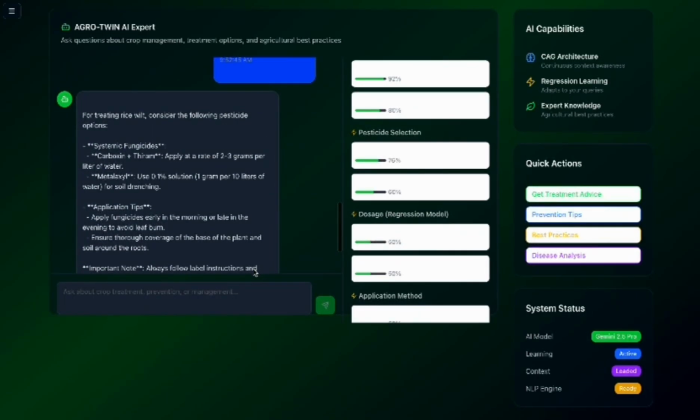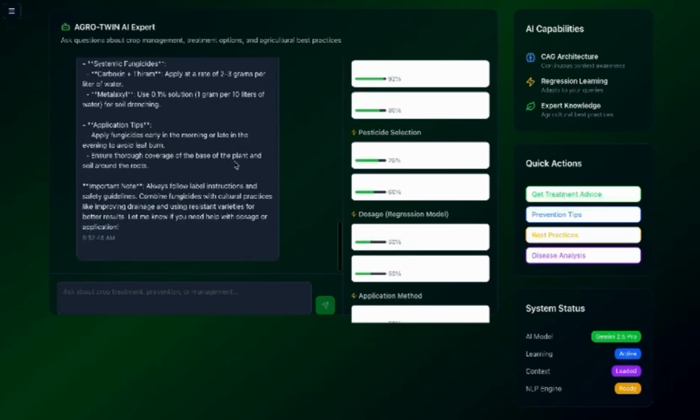Yeah. For treating rice wilt, consider the following pesticide options. These are the pesticide options along with their combinations and how much of it must be mixed with water, and everything is completely given in this particular field.